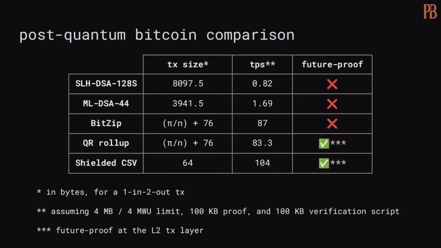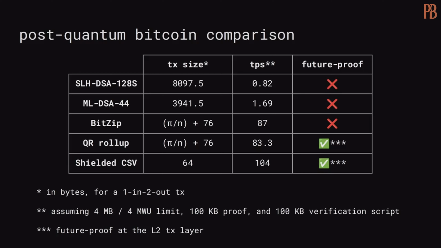Yeah, that's a really good question. Well, I was invited to talk about quantum-resistant rollups primarily, but I didn't want to leave it out because it is, I think, a valid proposal or solution to how we could help make Bitcoin post-quantum. The idea with shielded CSV, similarly to a rollup, is that you need some kind of bridge to get Bitcoin into this system where transactions are primarily happening off-chain.